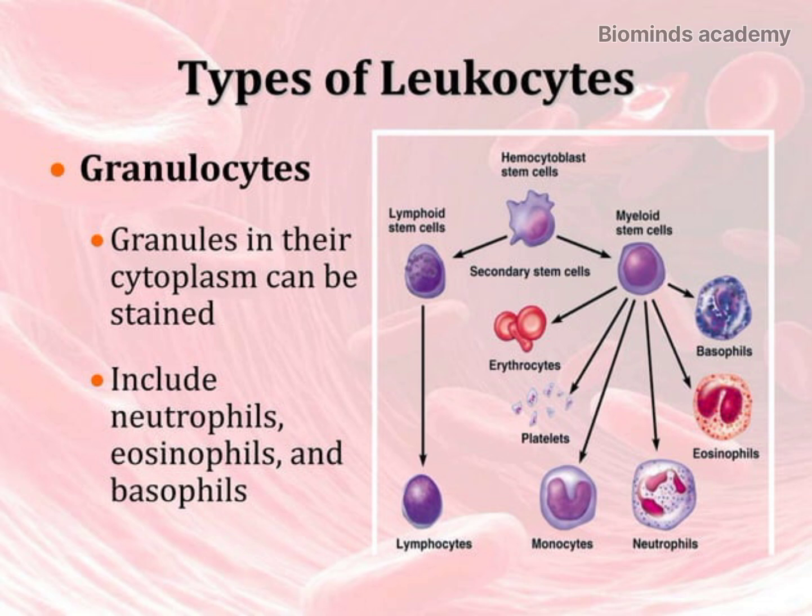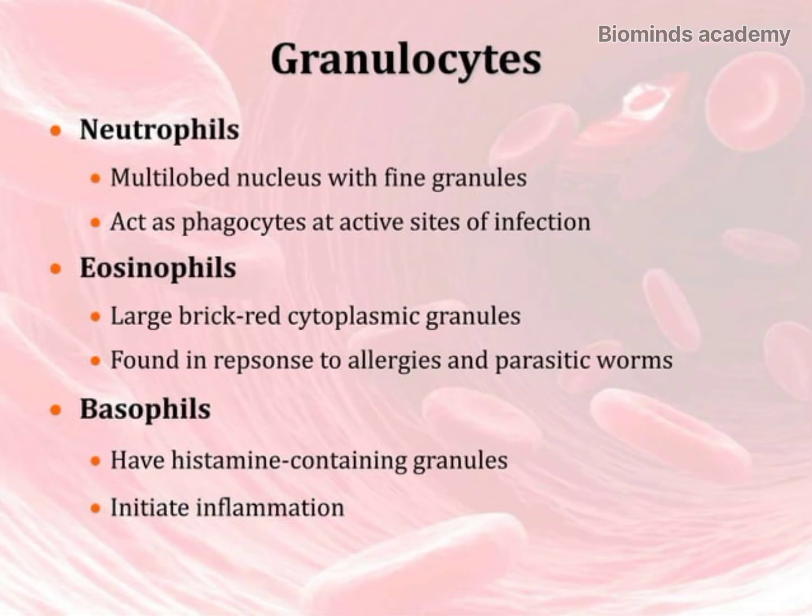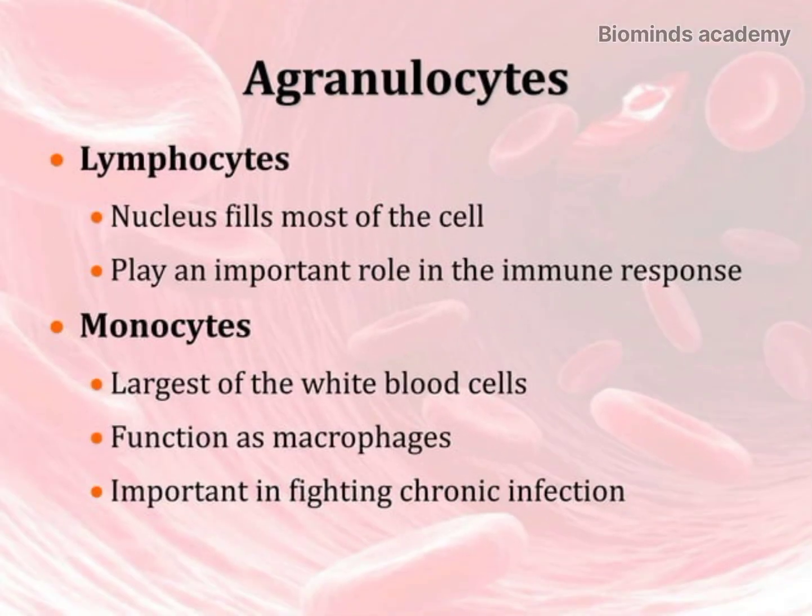Granulocytes have granules in their cytoplasm that can be stained, and include the neutrophils, eosinophils and basophils. Neutrophils have a multilobed nucleus with fine granules and act as phagocytes at active sites of infection. Eosinophils have large brick red cytoplasmic granules, found in response to allergies and parasitic worms. Then the basophils have histamine containing granules and initiate inflammation.